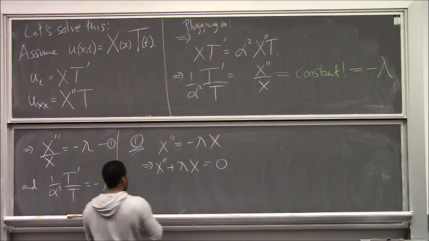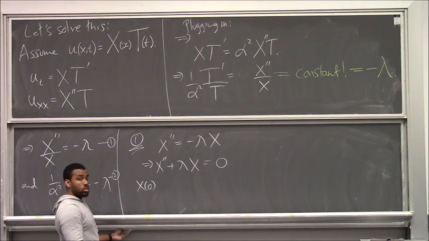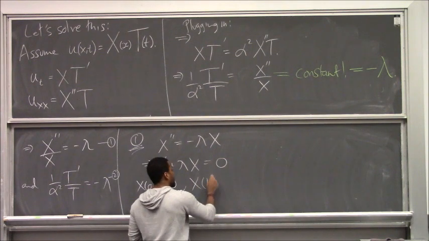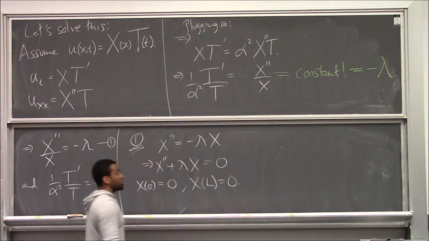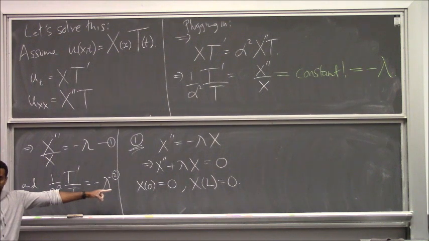In fact, I know the boundary conditions. When x equals 0, temperature is 0. When x equals L, temperature is 0. So I have an ordinary differential equation, which is second order, constant coefficients, and I know the values at 2 location points, and they're both 0.